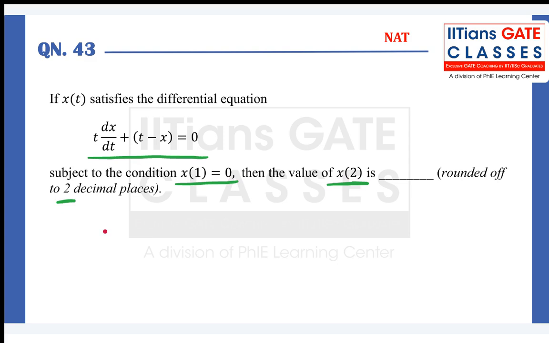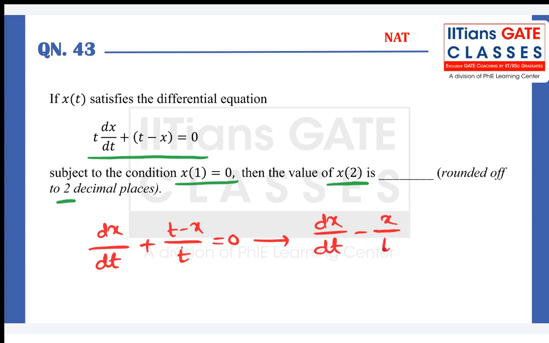So what will that give you? dx by dt plus (t minus x) by t equal to 0. That is further simplified as dx by dt minus x by t equal to, it will be minus 1, because we are putting it on the RHS.